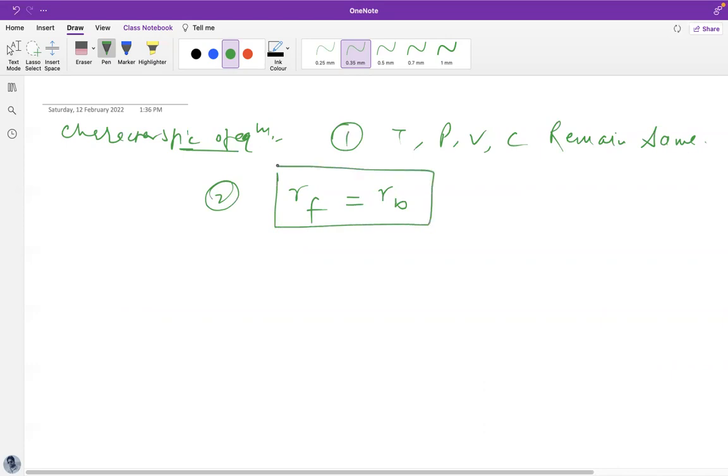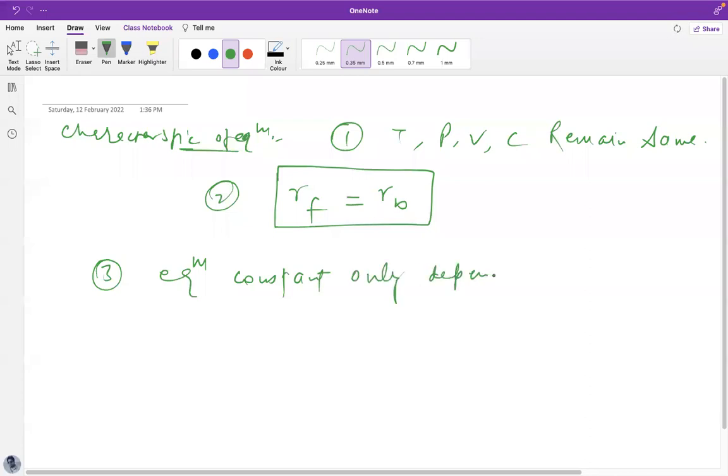This is a very important point. And third point is the equilibrium constant only depends upon temperature. Means it cannot depend on concentration or other things. It depends only on temperature. Equilibrium constant means this K equilibrium.